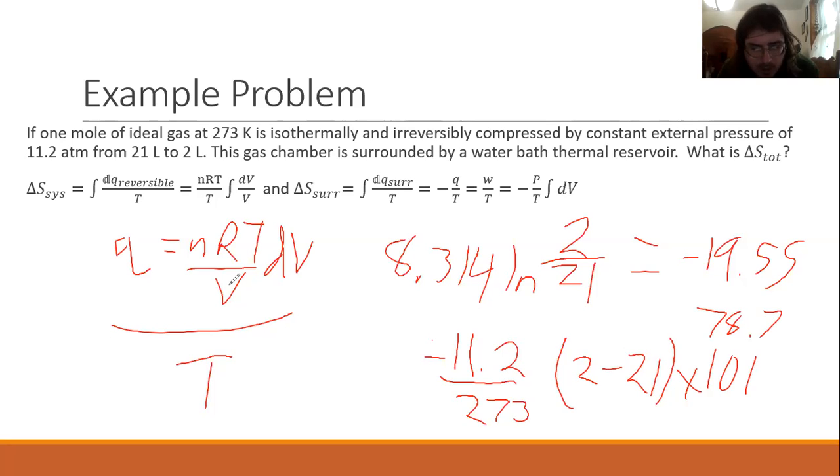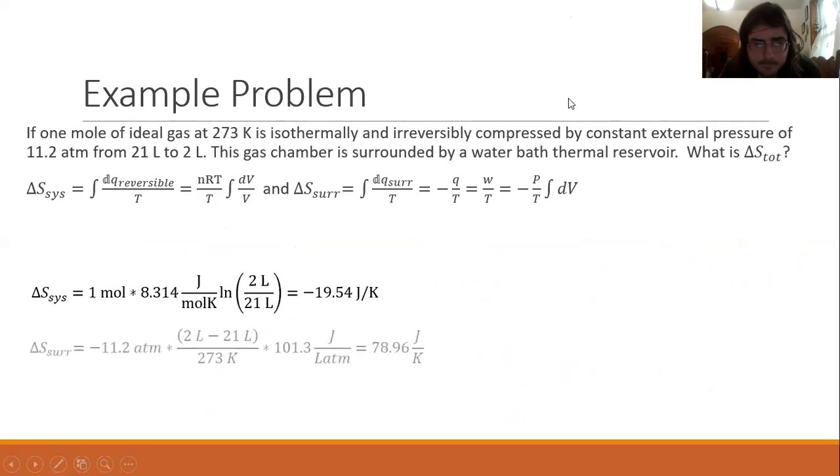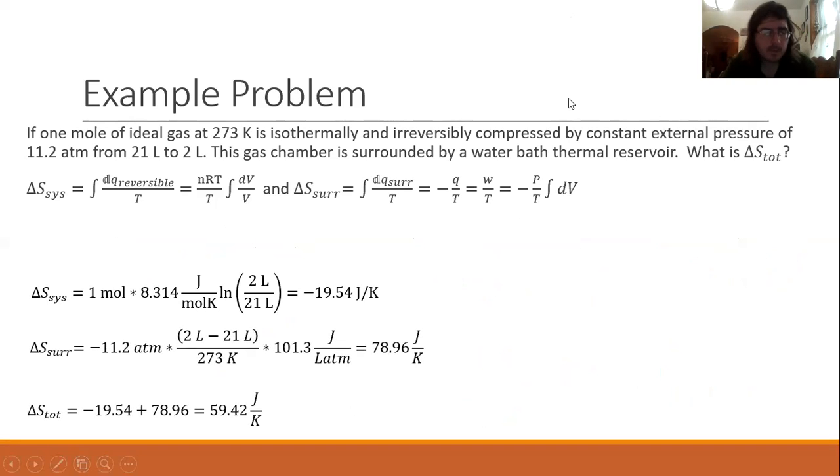The net result is an increase of entropy of 59.2 for the whole universe as we do this. So even though the entropy decreases for the system, the surroundings' entropy increases by a much larger percentage. Thus, we see net increase of entropy for the whole shebang.